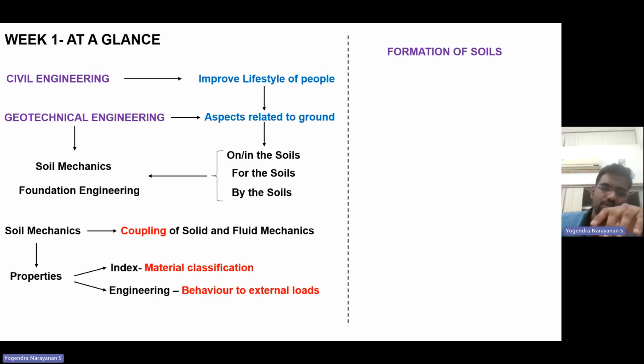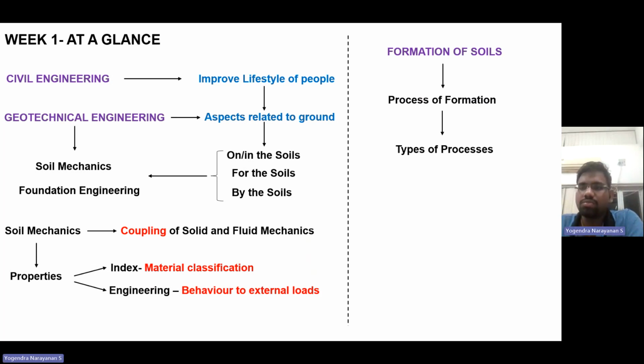So you would have seen the process of formation, followed by the types of processes, and these types of processes are governed by what agents. So essentially that is covered systematically in this week.